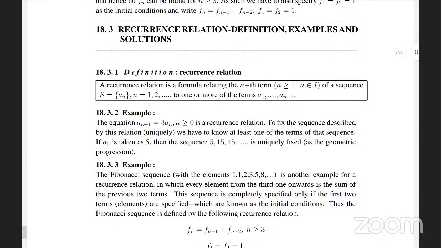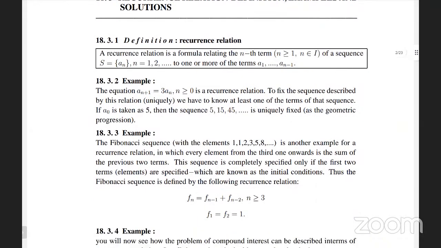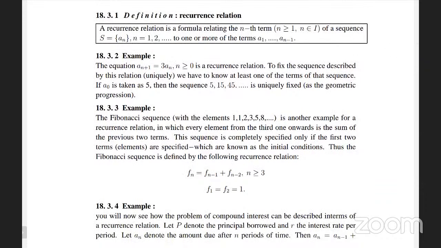An example: I'm taking a(n plus 1) equal to 3a(n), for n greater than or equal to 0, which is the recurrence relation. A1 I know, so 3 times A1 equal to A2. If I want A3, it is 3A2. If I want A4, it is 3A3. So if you know the third, I can identify the fourth one.